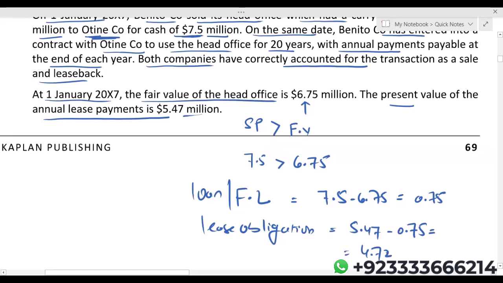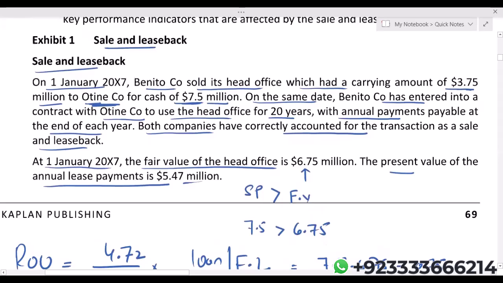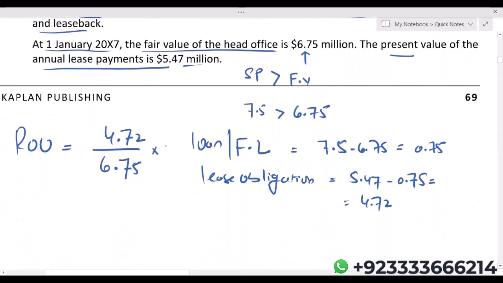Logically, the lease obligation amount is 4.72, which means that right of use asset, if I calculate, I'll take lease obligation 4.72 divided by the fair value of the asset, which is 6.75, into carrying amount of the asset. The carrying amount of the asset is 3.75.